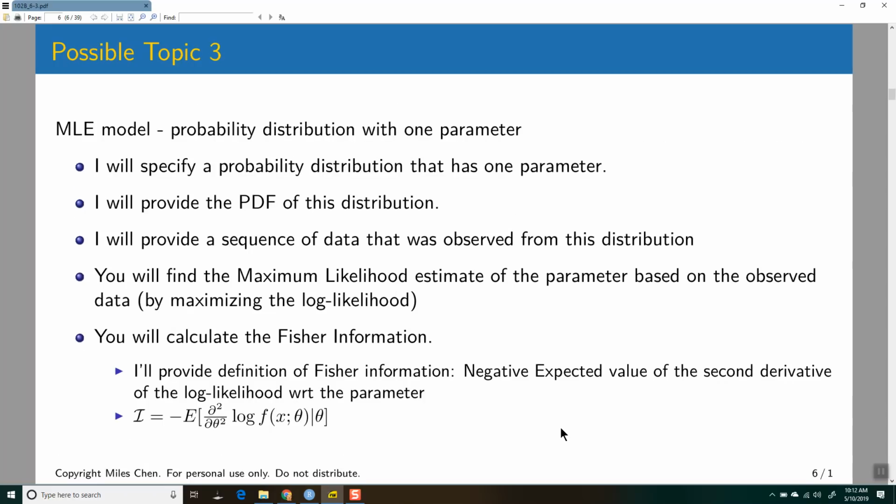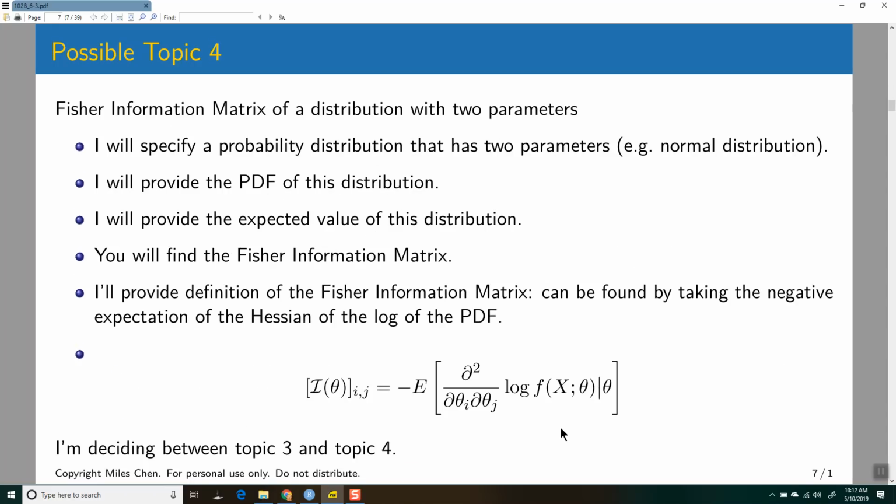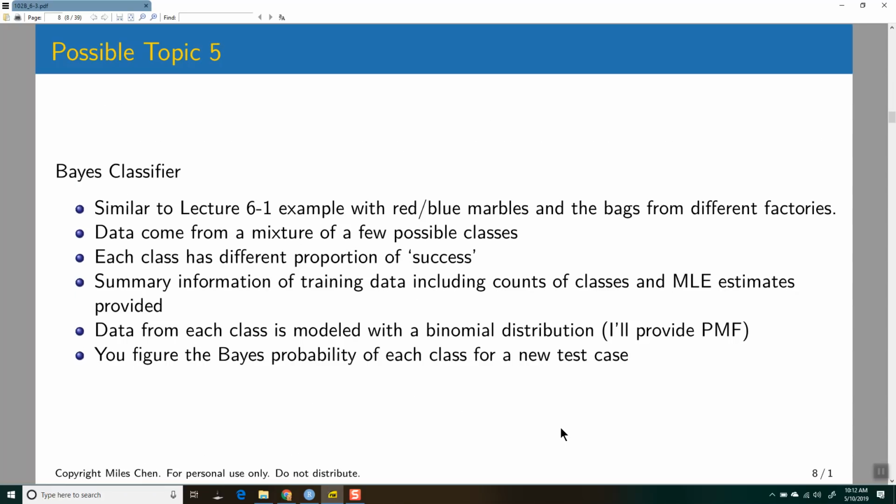So again, topic 3 or topic 4, these are some possibilities here. Is that okay? All right, and then the last one will be a Bayes classifier, and these are basically the same problem. I'm just debating what PDF to use.